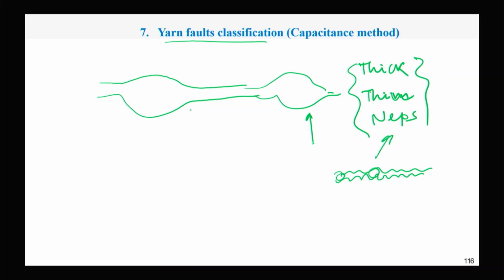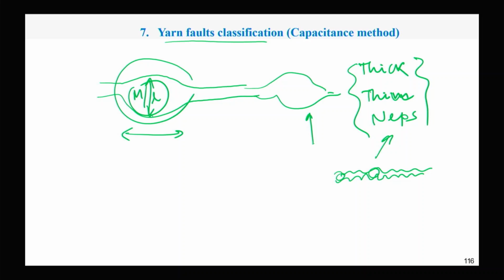And these faults are classified based on the reference mass per unit length compared with the mean mass per unit length of the yarn. They are classified based on the mass per unit length and the length of the fault.